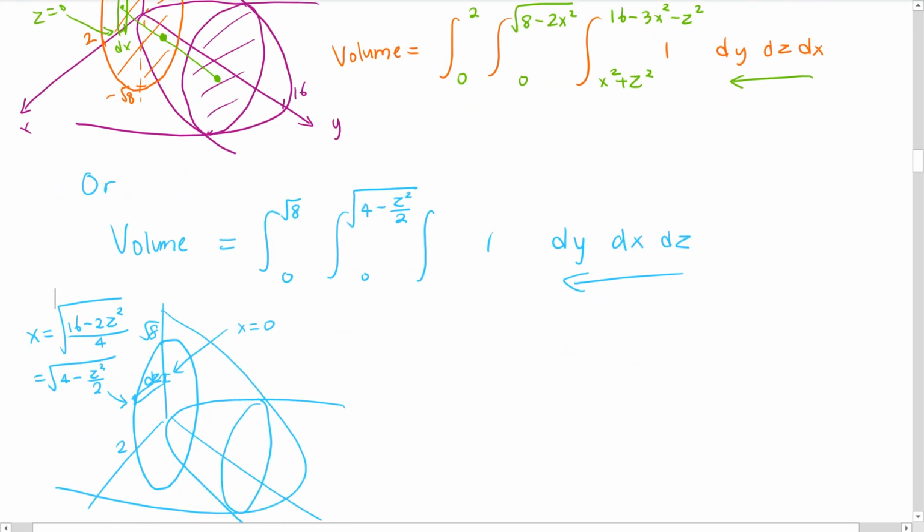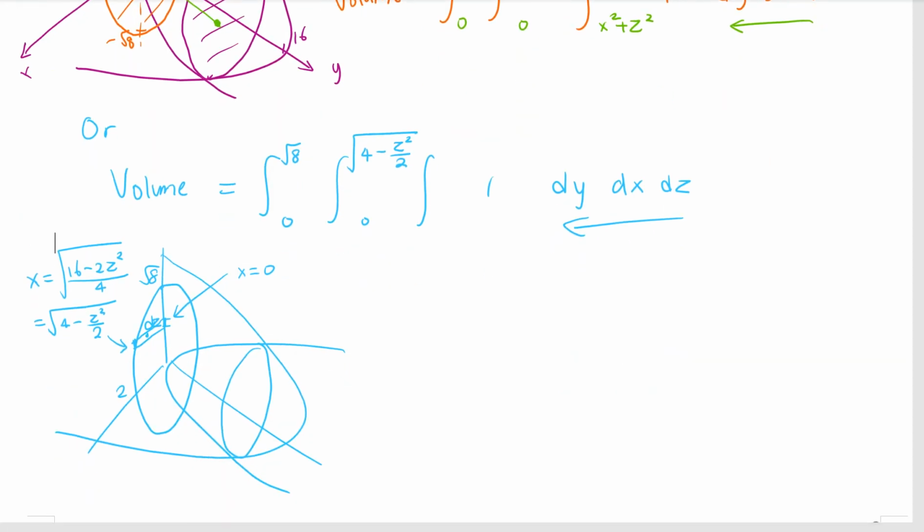Finally, for y, we pick a point on this rectangle and then go in the y direction. It crosses the solid at the lower paraboloid and the upper paraboloid. So what are these pieces? The lower paraboloid is y equals x squared plus z squared.